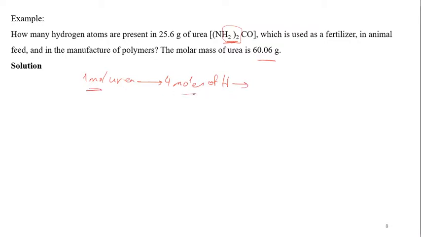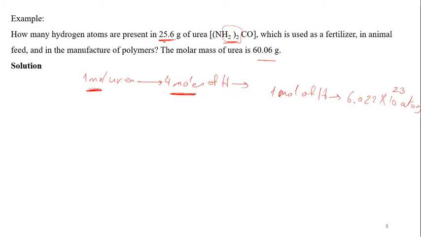So first, I have 1 mole of urea equivalent to 4 moles of hydrogen, and I also have to know that each mole of hydrogen contains Avogadro's number, which is 6.022 multiplied by 10 to the power 23 atoms. So what I need to do now is convert the grams of urea into moles.